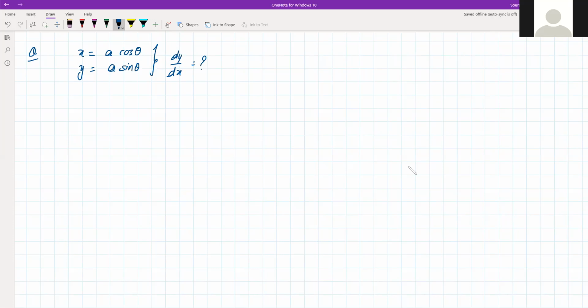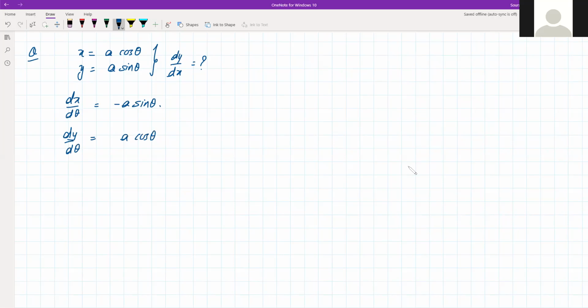So this is the question. First we are going to differentiate them individually with respect to theta. So dx by d theta is minus a sin theta, and dy by d theta, from the expression, equals a cos theta.